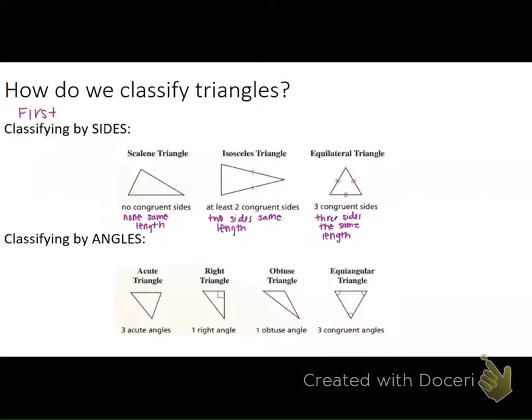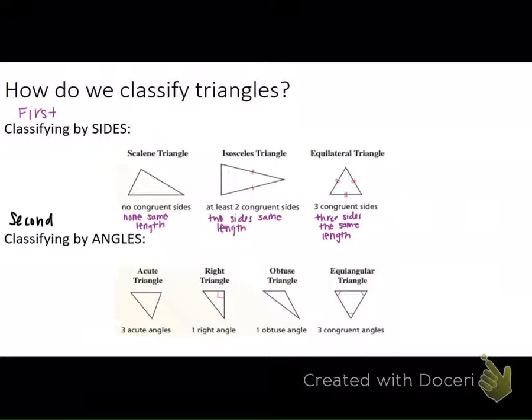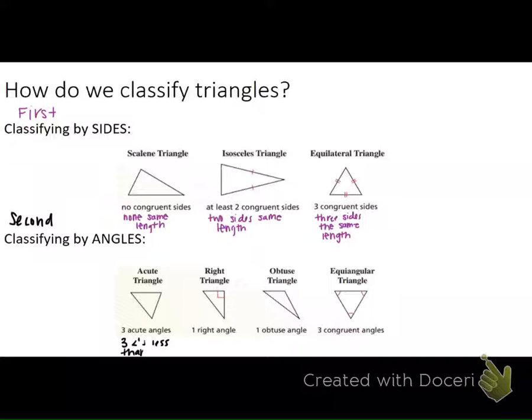And then second, you classify by the angles. So three angles that are acute means three angles less than 90 degrees. So a right angle is one right angle, meaning it equals 90 degrees.